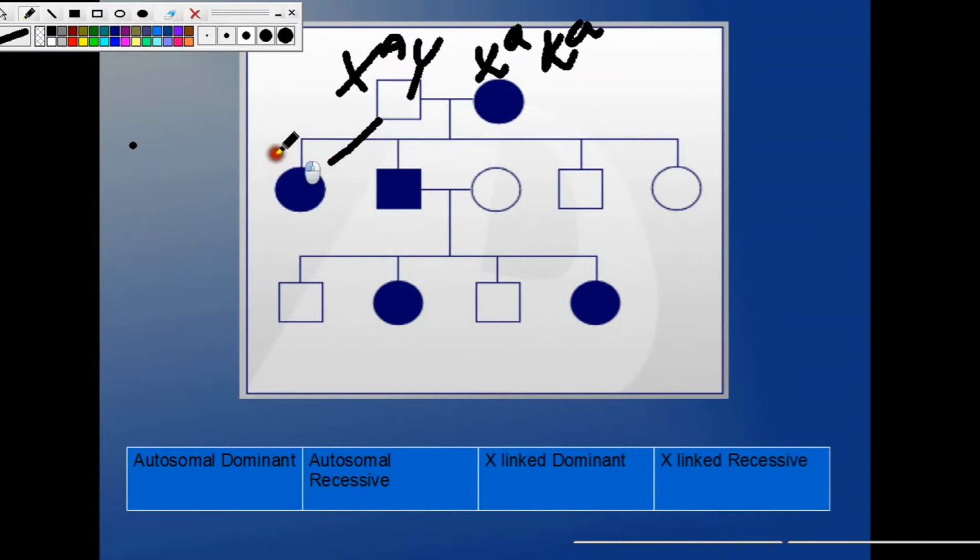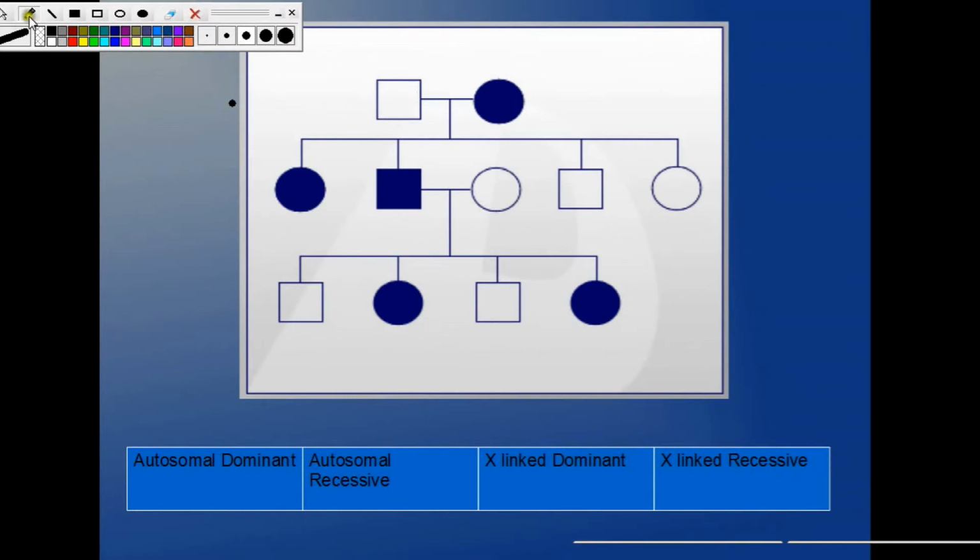Now we look at their children, and this female has the disease, so both of her X's have to be little a's. You can already tell that can't work, since the father gave his X, he couldn't give his Y, so he had to give his X. His only X is a big A, so he couldn't have given a little a, so X-linked recessive would not be able to work.